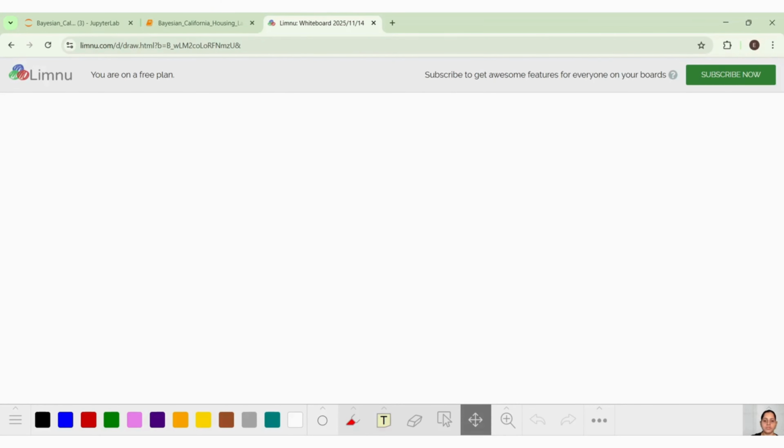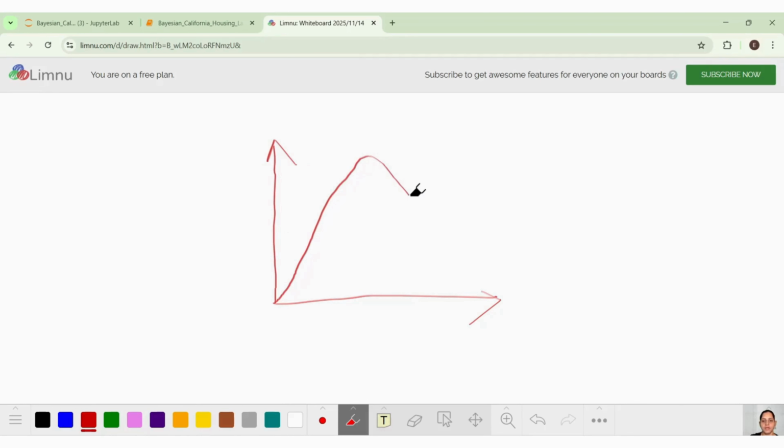So what is my Gaussian prior? Just consider that this is my line, and in Gaussian, what did we understand about Gaussian? Gaussian means our normal distribution. So this is my normal distribution, right? And here, this is my mean, correct? This is my standard deviation. This is my negative standard deviation.